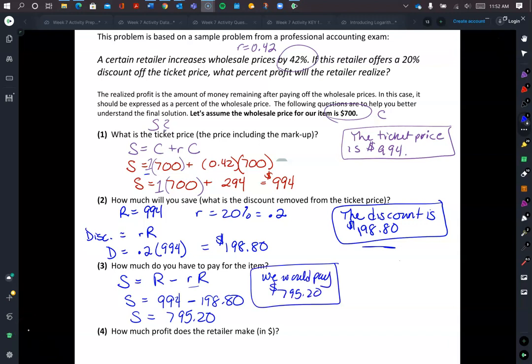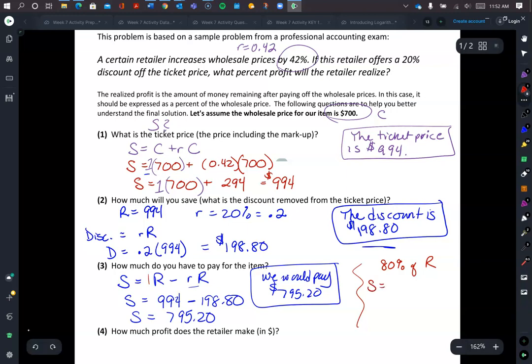Now I'm just going to show you a little alternate way here. If we look at this as being a 1 in front of the R, and we were subtracting 100% minus 20%, that means what we're paying is 80% of R. So we can look at it that way. 1R minus 0.2R would actually be 0.8R.